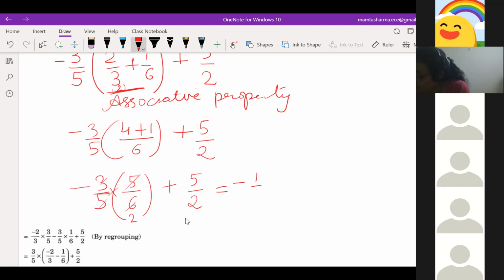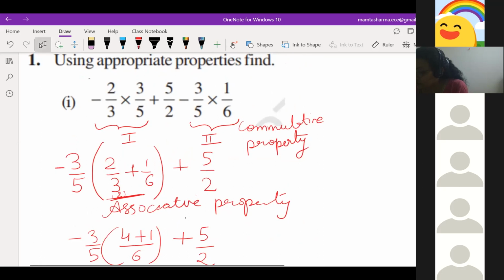So you will have minus 1 by 2 plus 5 by 2. Now solve it: 4 by 2, that is 2. So your result would be 2. Which property has been used? Both commutative and associative.